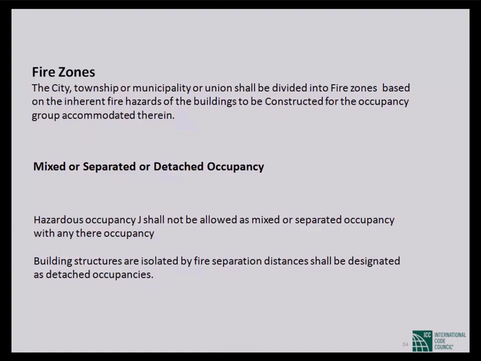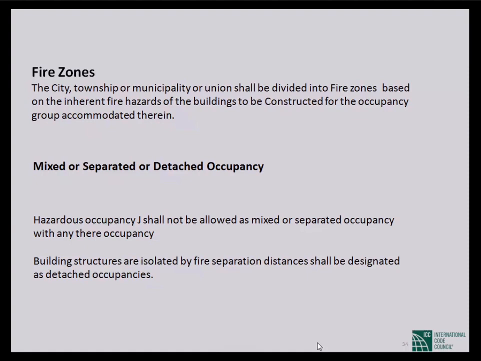Now I would like to show some tables which will give you a detailed idea of how mixing can be allowed. You have to be very careful about mixing because it can give you wrong ideas and wrong definitions. One thing you see here is that if a building is a hazardous occupancy, it cannot be mixed. It cannot, because it is hazardous. What happened last week in Narayanganj?